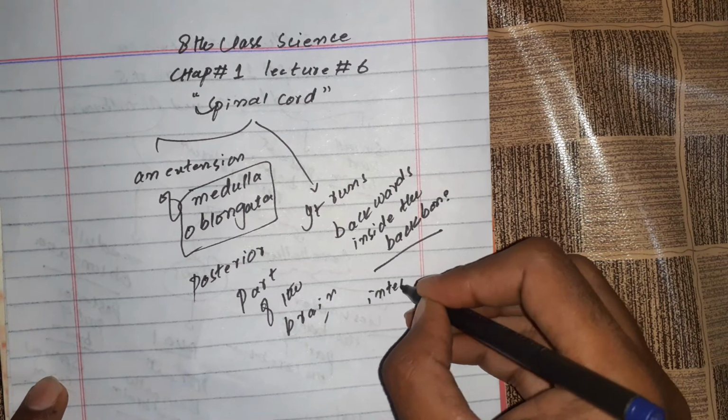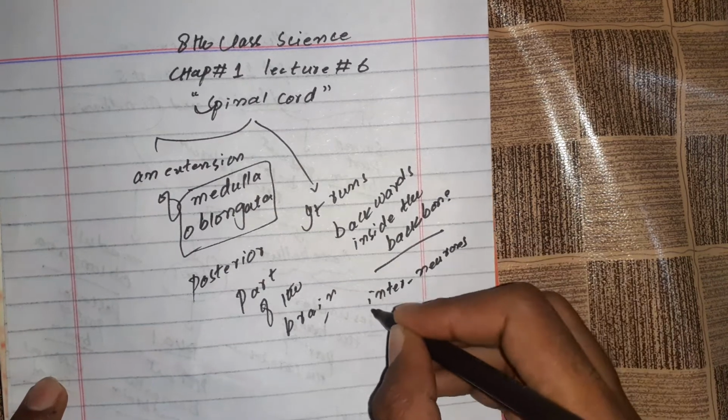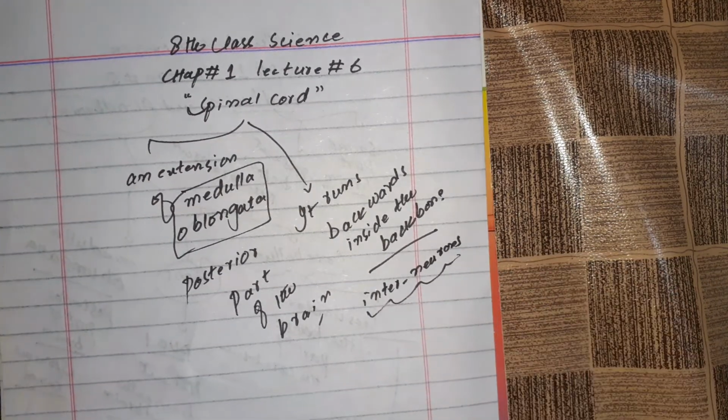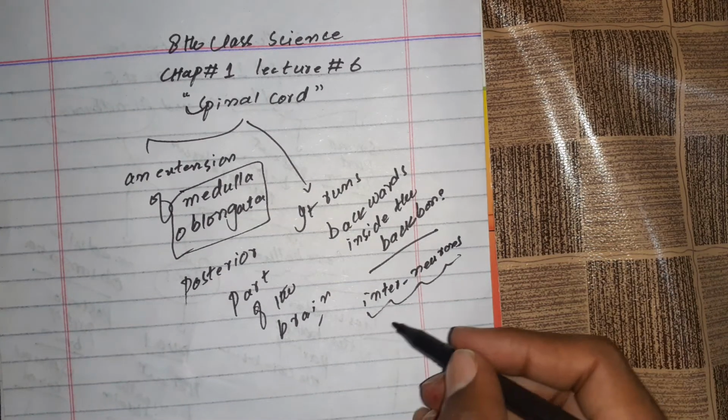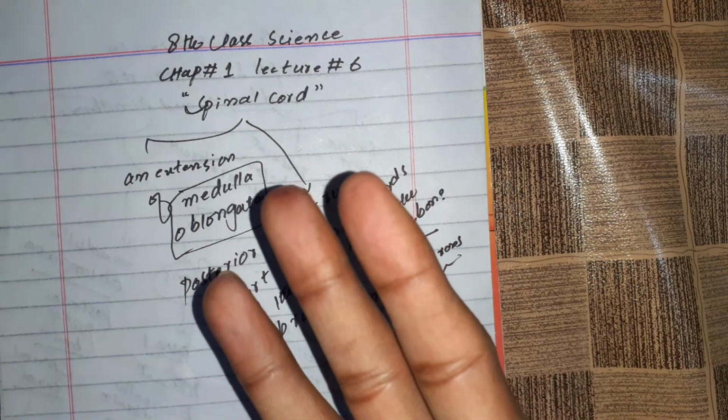What is an interneuron actually? There are three types of neurons.